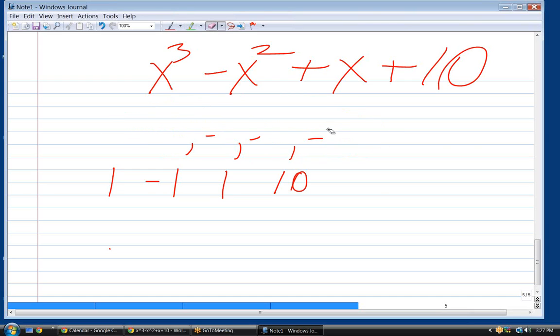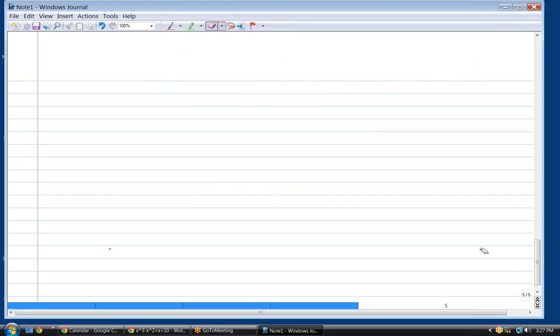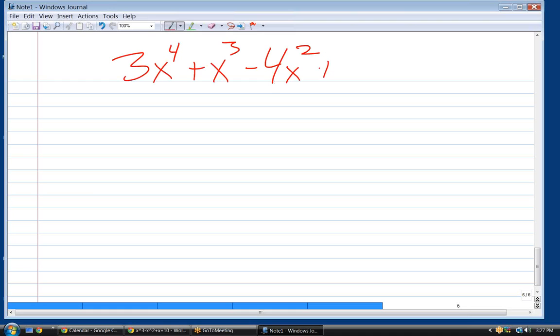All right. What else you got? Let's see if this textbook that we figured out has flaws. Can you give us one? 3x to the fourth plus x cubed minus 4x squared plus 9x minus 3, divided by x plus 5.